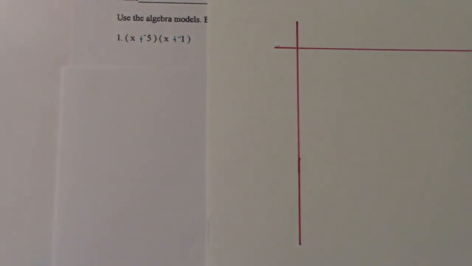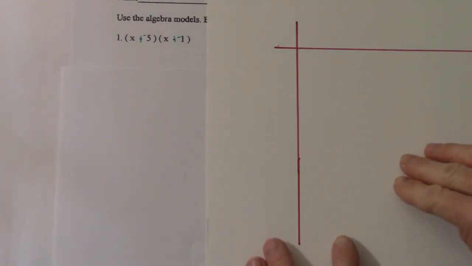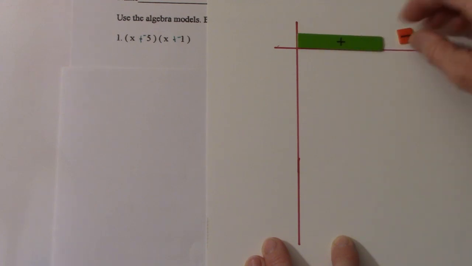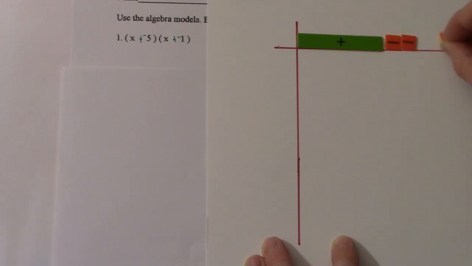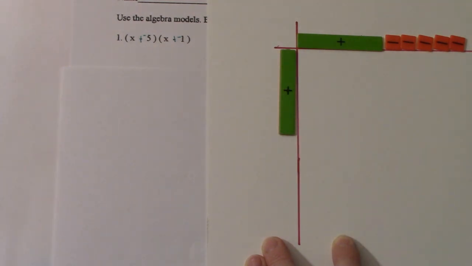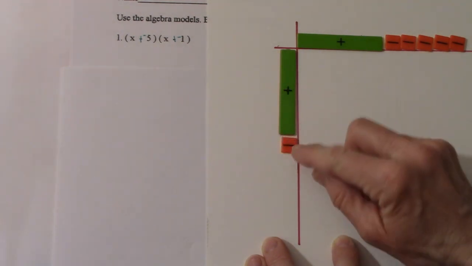We're going to put the x plus negative 5 on the top, and x minus 1 will be vertical.